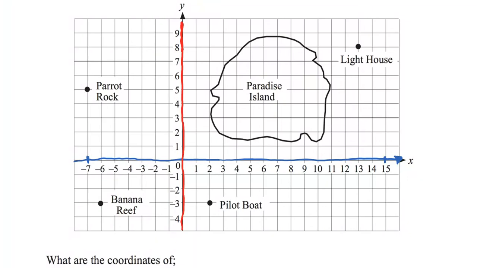Now, if we are going to be thinking about our coordinates, then what we are looking for is two numbers. So let's start off by looking at the lighthouse. The lighthouse is here. What would the coordinates be?